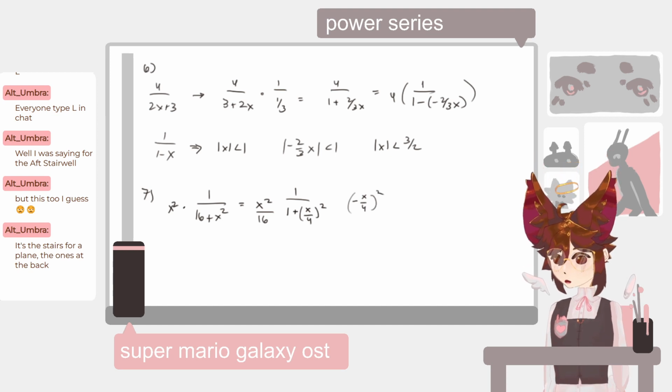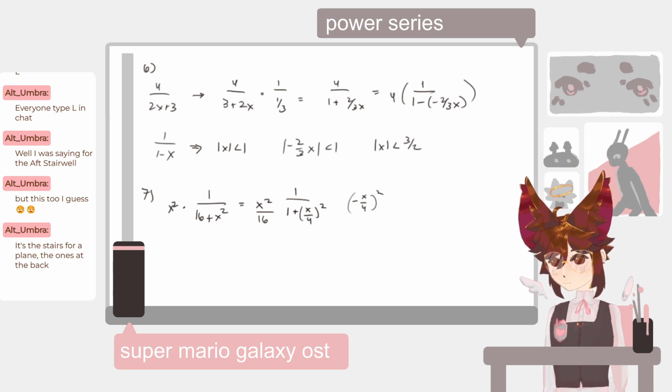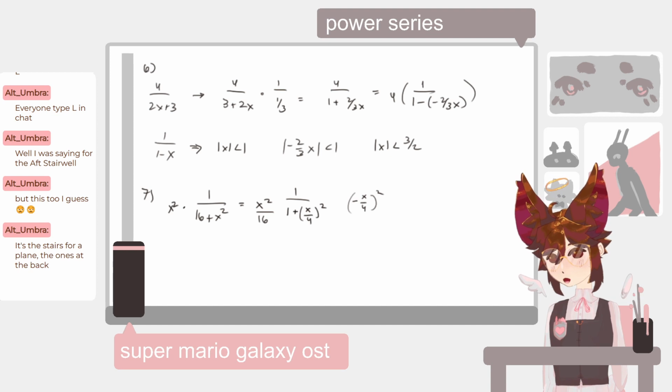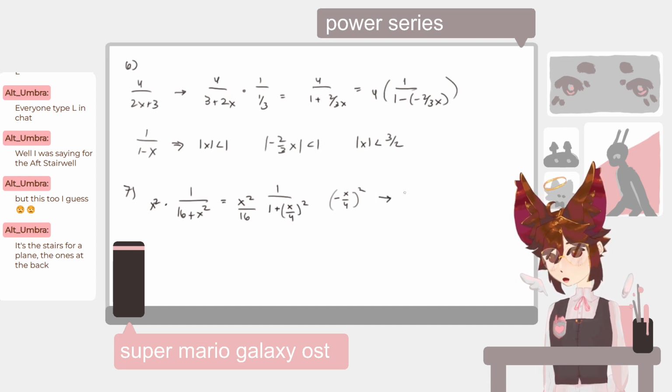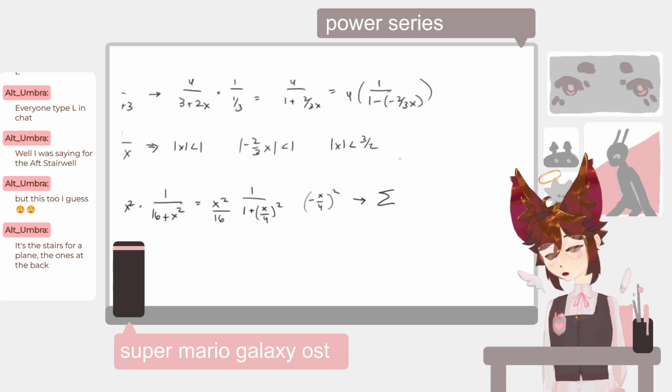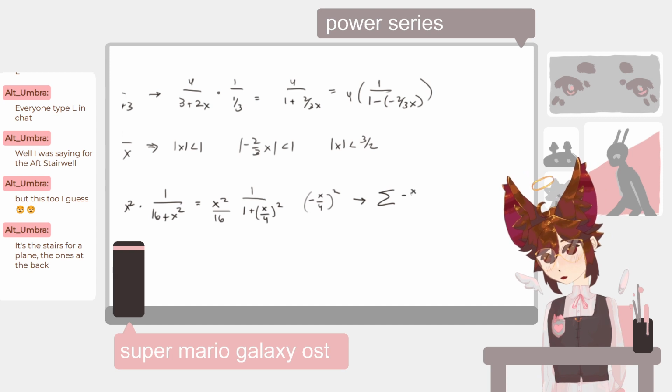Can I do that? I feel like that's wrong. I feel like that's very wrong. What would that look like? This is like, okay, this is the series. Gamers, this is the best series ever. Negative x over 4. No, that's not how we write that.